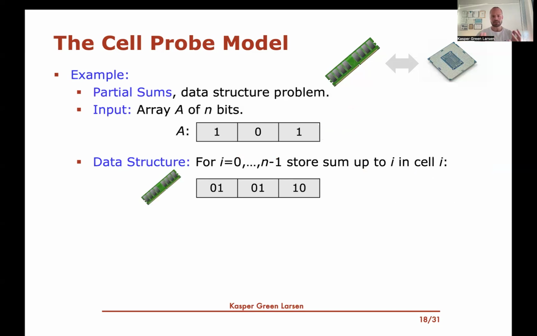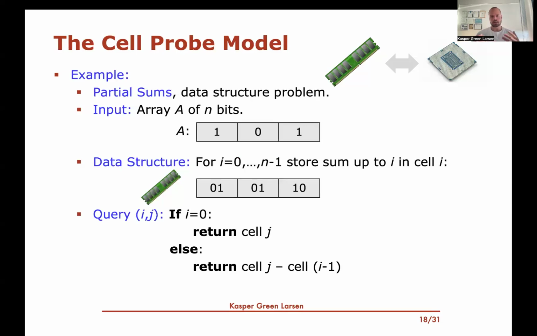So let's go back to this example of the partial sums data structure. In pseudocode, if you will, or in real code, if I wanted to answer a query with this memory representation where I store prefix sums, I want to answer the query from i to j, so I have to compute the sum of the entries from i to j.